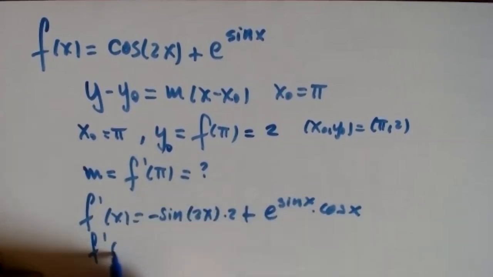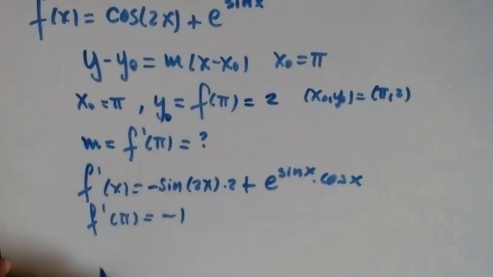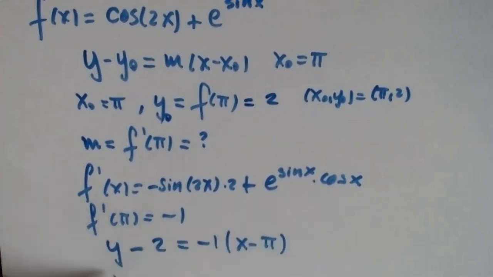Once we put in pi, I guess we found it was -1, right? So with this solution, we have y minus y0, 2, equals -1 times x minus pi. And that was the equation, correct?